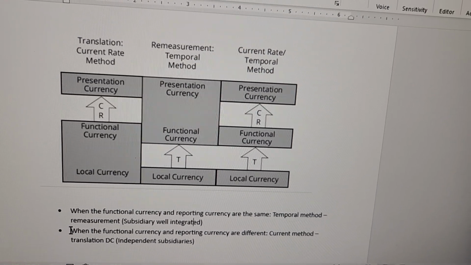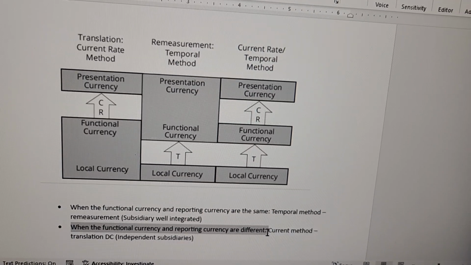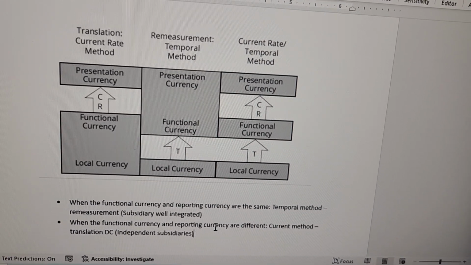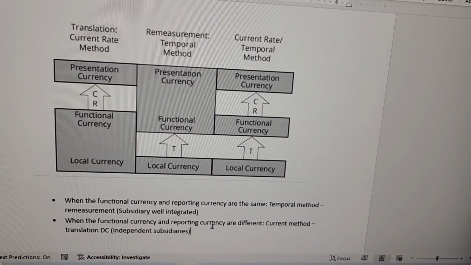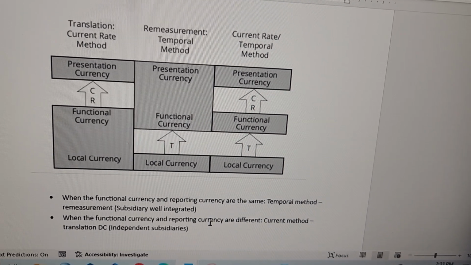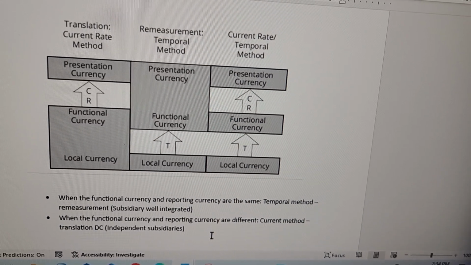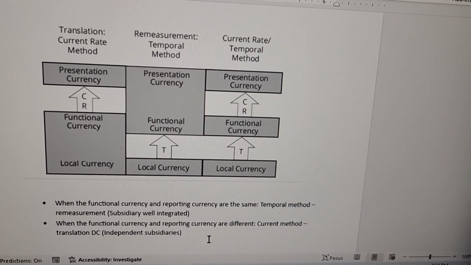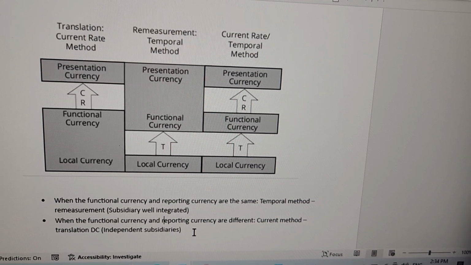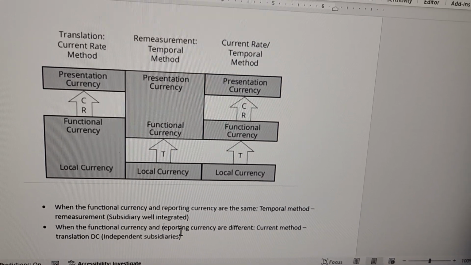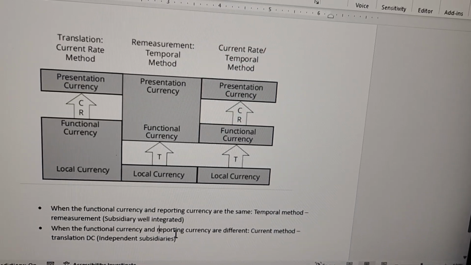Now, when the functional currency and reporting currency are different, so DC, you can just remember like Washington, DC. Functional currency is different from the reporting currency. So D, we use C, which means the current rate method, okay? We typically use the current rate method when the subsidiary is independent, okay?